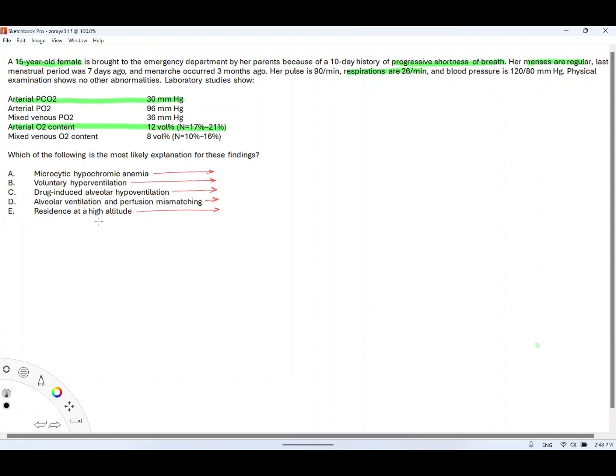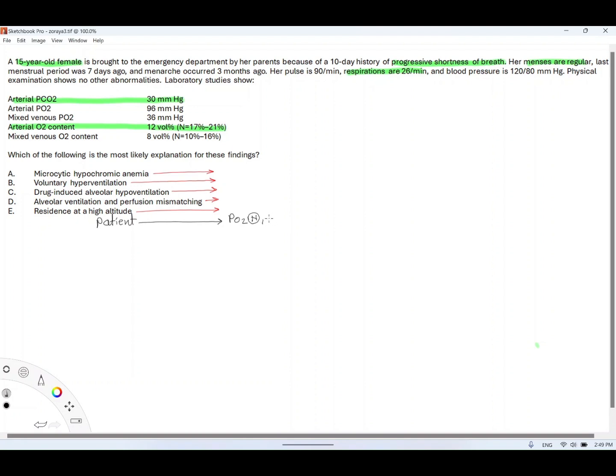So let's see what our patient is experiencing. In terms of this, our patient's oxygen is normal, which is 96, so I'll put N, that is normal.